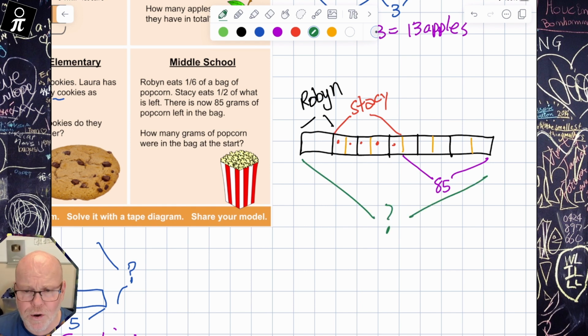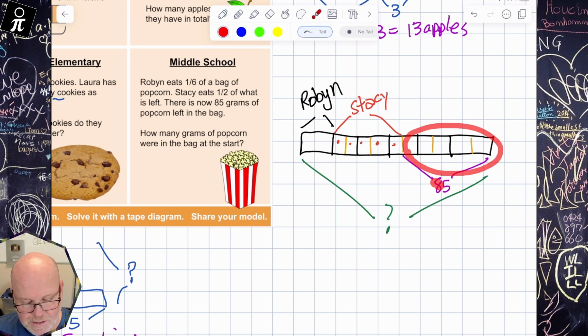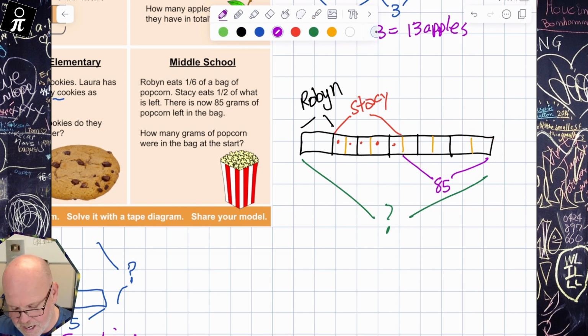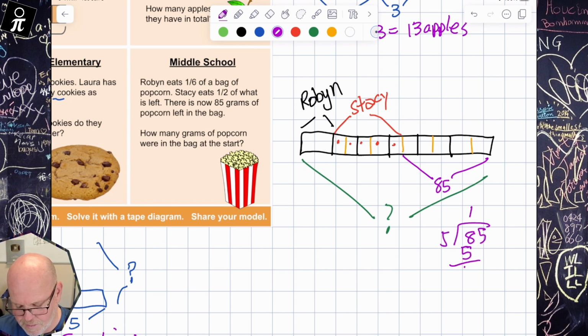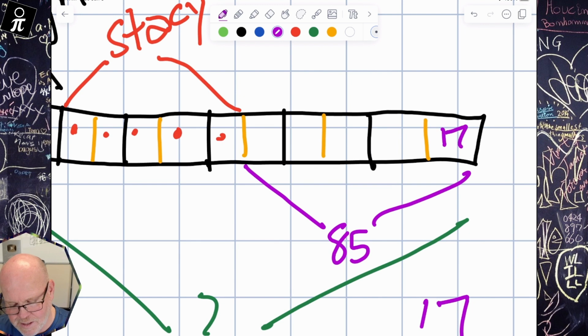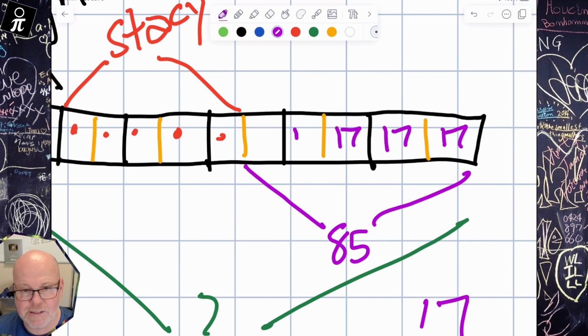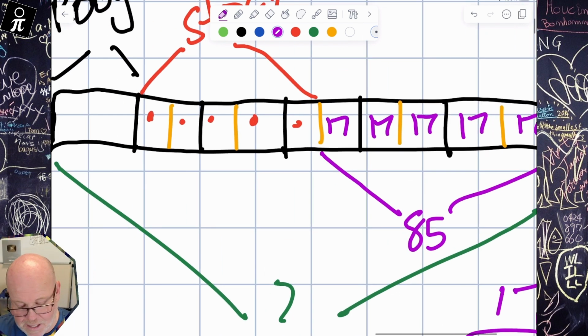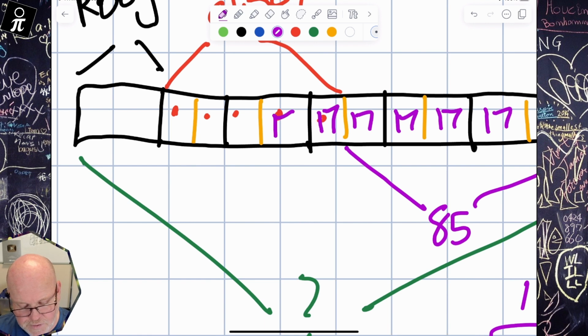And since we know that these 5 units is equal to 85, that means 85 divided by 5, which is 17. That means each of those little half units is 17. So this is 17, 17, 17, 17, 17, and it continues. All of these are 17.